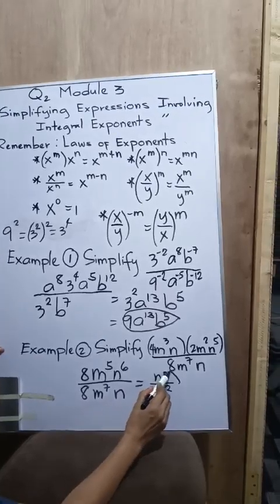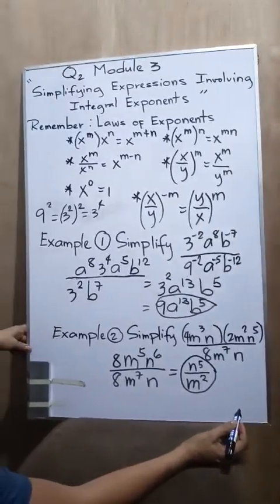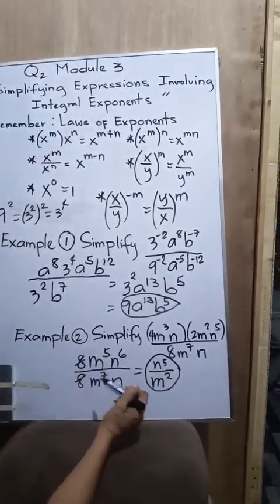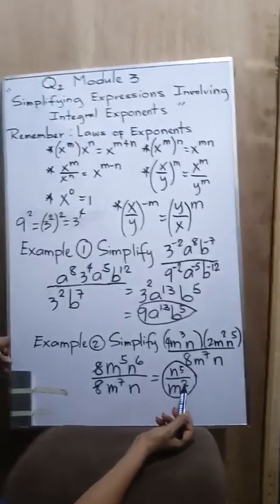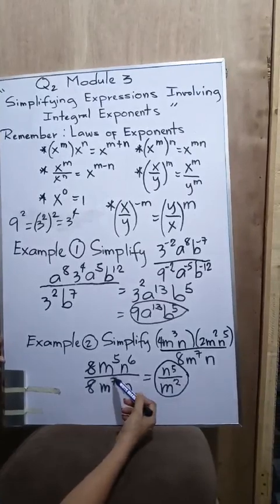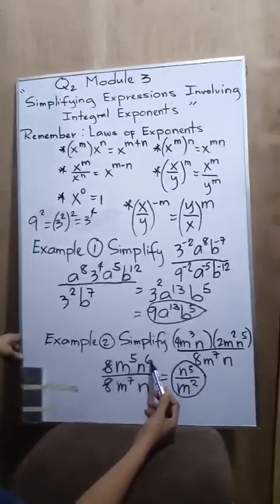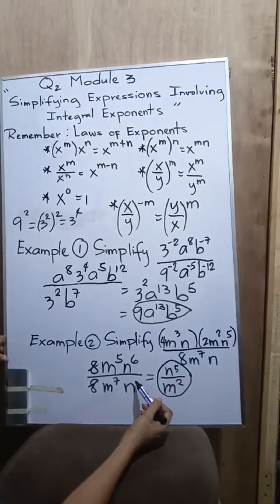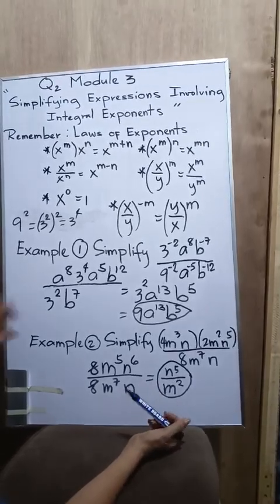So this is your answer. And to the 5, because we can cancel 8. And for the m, that is 7 minus 5. The reason why here in denominator, because 7 is bigger than 5. Then for the 6, that is 6n to the 6 times, and there's an imaginary 1 in here, so 6 minus 1, you have 5. That's all.